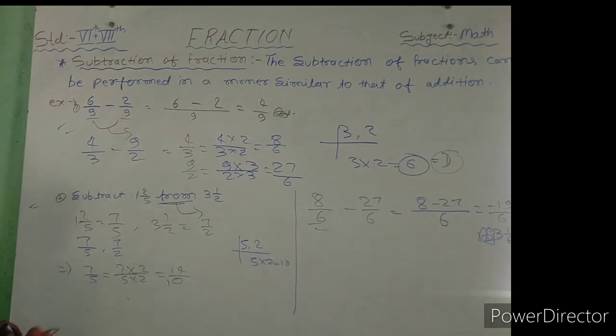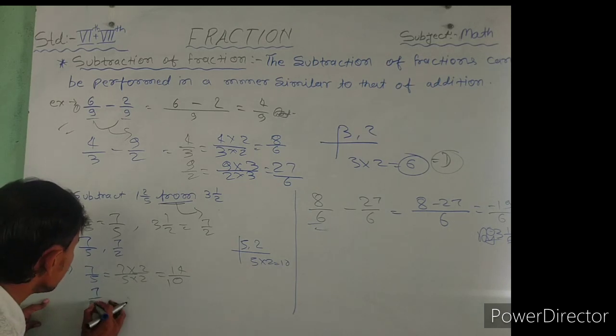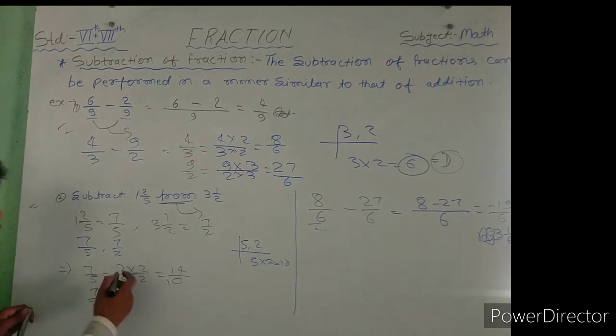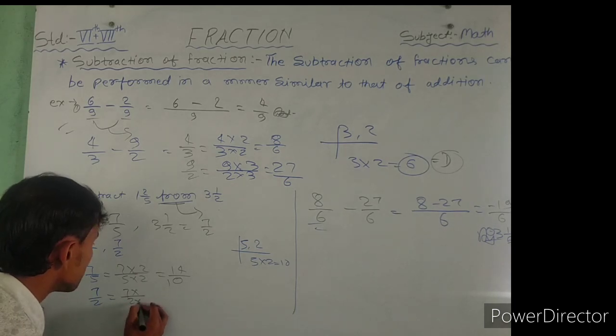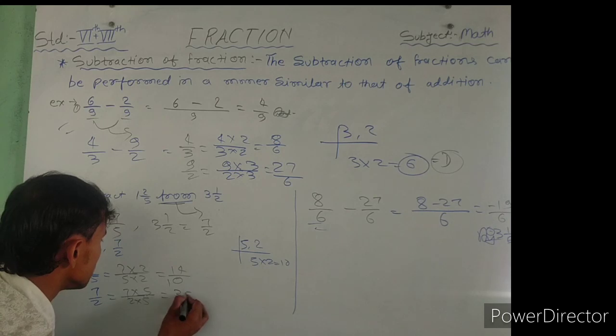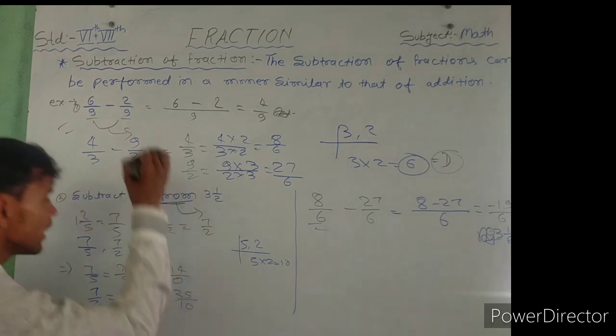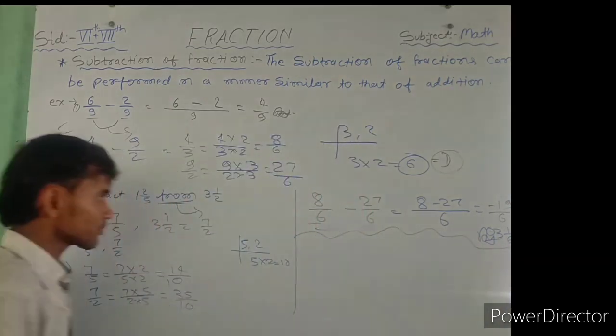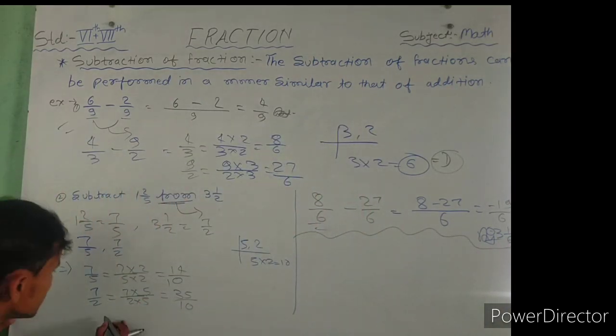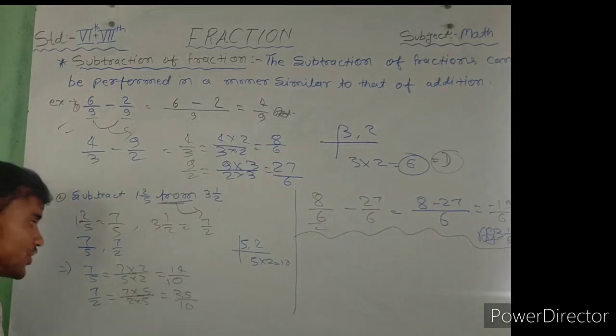Is that clear? Next, 7 by 2 multiplied by 5: 7 5s are 35 and 2 5s are 10. So here it is 14 by 10 and 35 by 10.